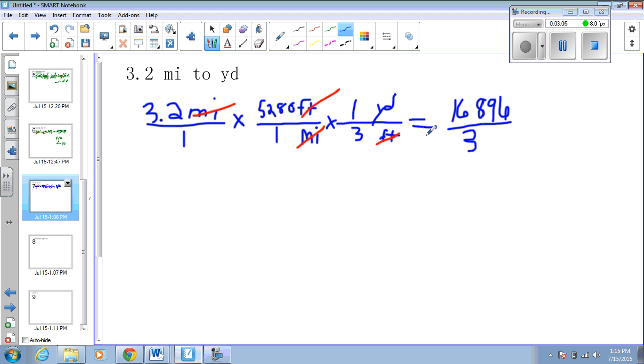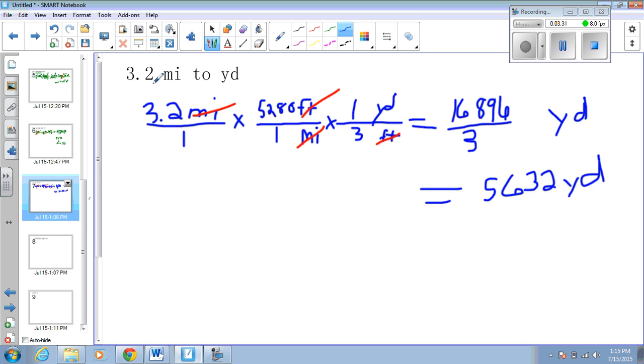So 1 times 1 times 3 is 3. Yards is the only unit left over. And complete the operation. When I complete the operation, I get 5,632 yards. That is not the correct scientific notation form, and that's not the correct significant digits.